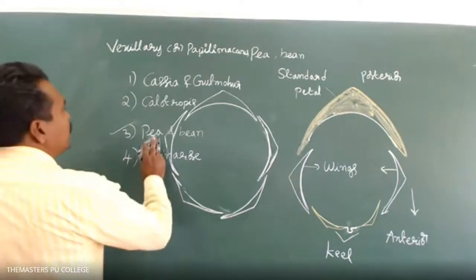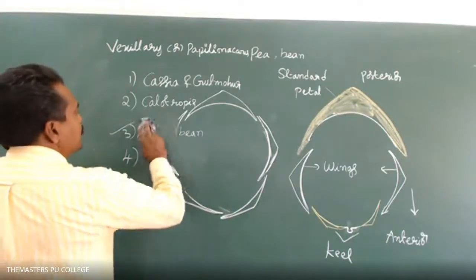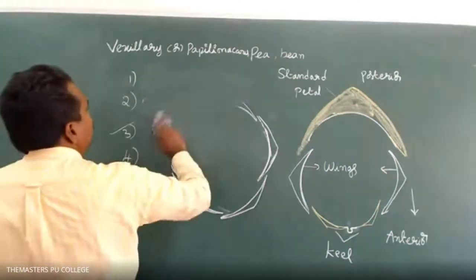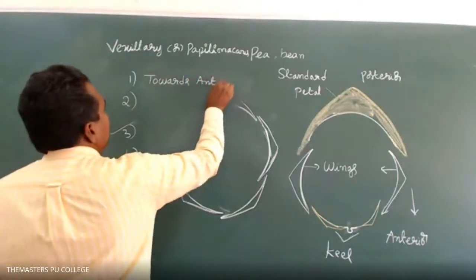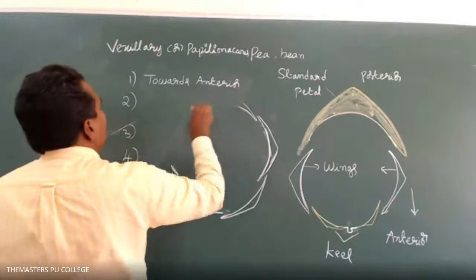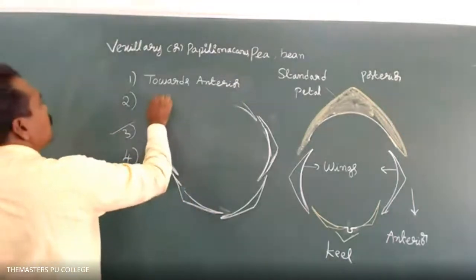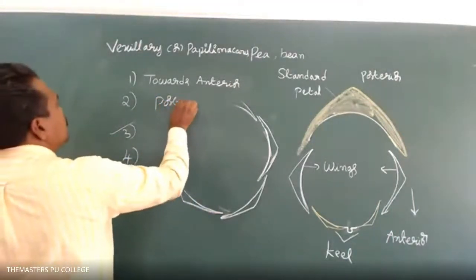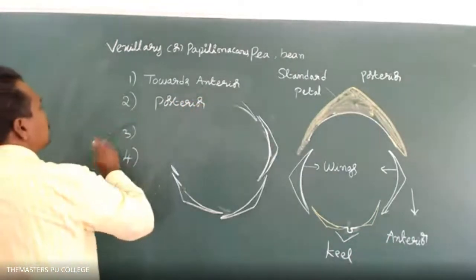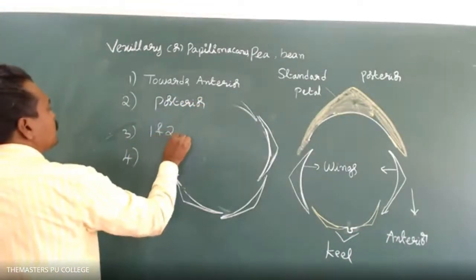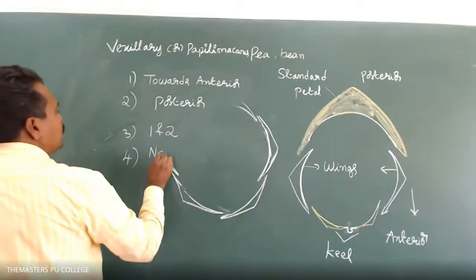In vexillary or papilionaceous aestivation, the standard petal is located: option 1, towards the anterior side; option 2, towards the posterior side; option 3, 1 and 2; option 4, none of these.